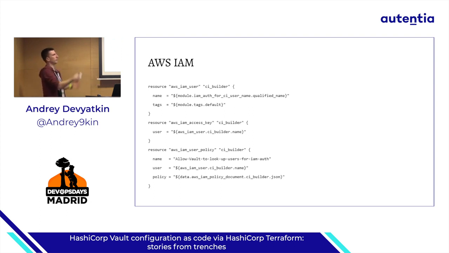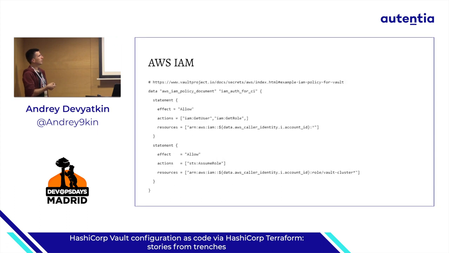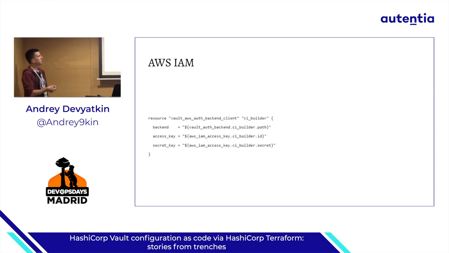So that's why you need to have an AWS user. And we're creating an access key. We're creating an AWS IAM user policy. It looks like this. It basically allows you to describe users and roles, and we're going to see why we need it. And then we're creating something which is called client, where we just tell it for this backend, use the access key and secret key to validate all queries.